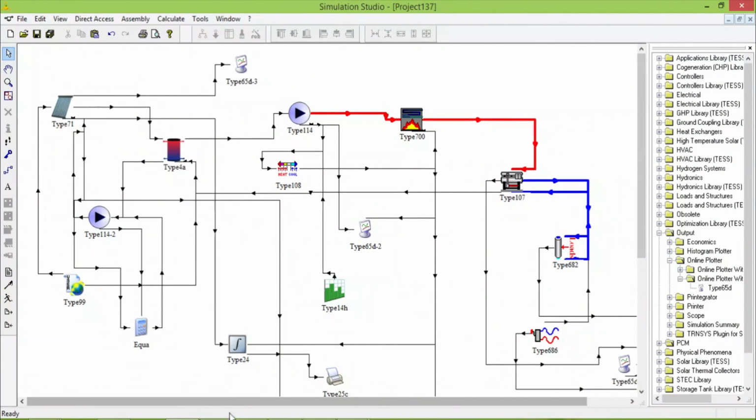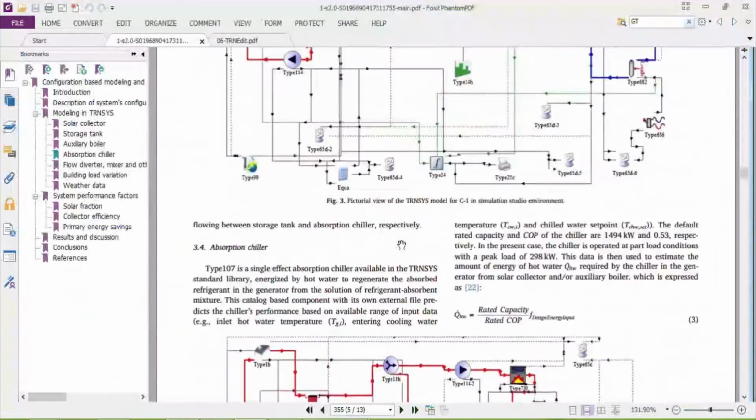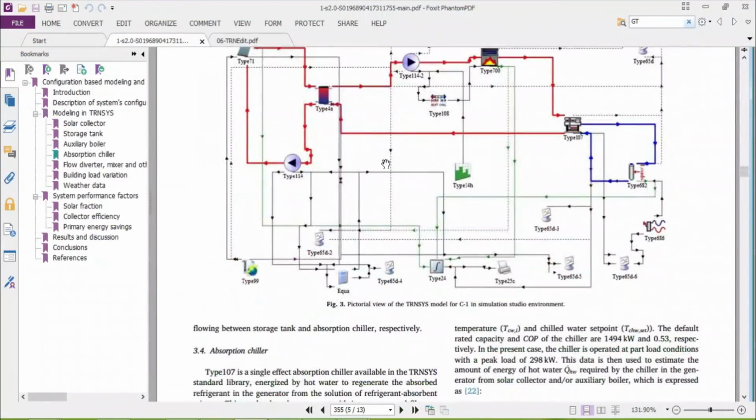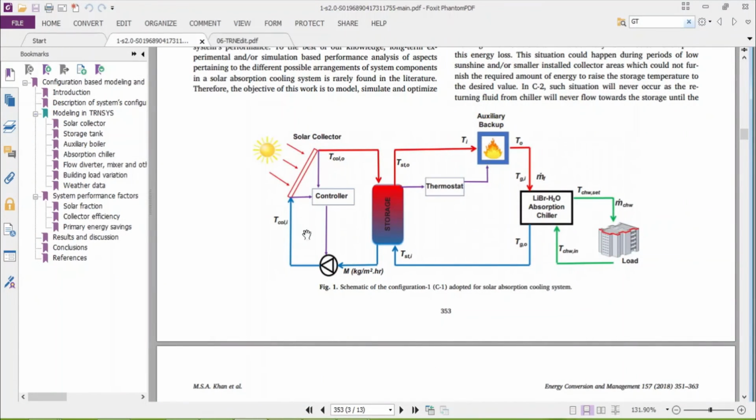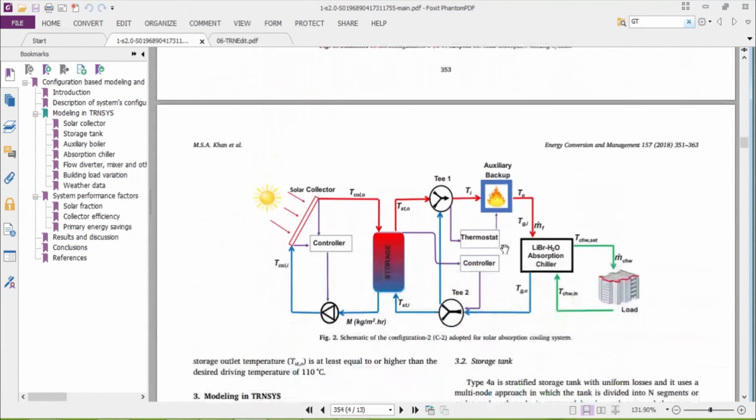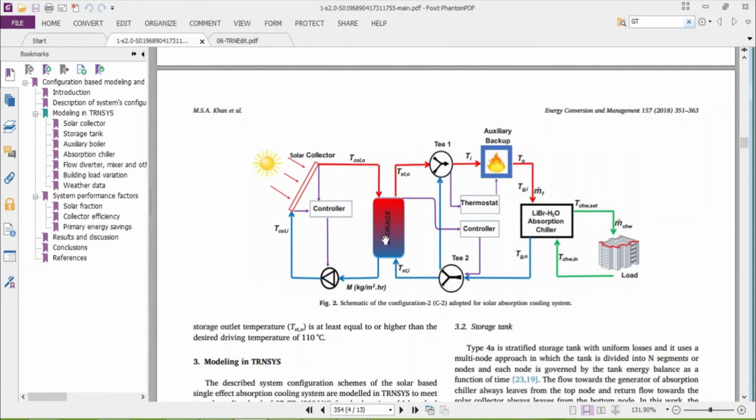So far we have worked on this configuration. I show you. So this loop is working like this and this loop is working like this, simple. But if we want to change, for example, I want this system to work only when the solar collector has a temperature above 108 degrees and it will provide water to the chiller.